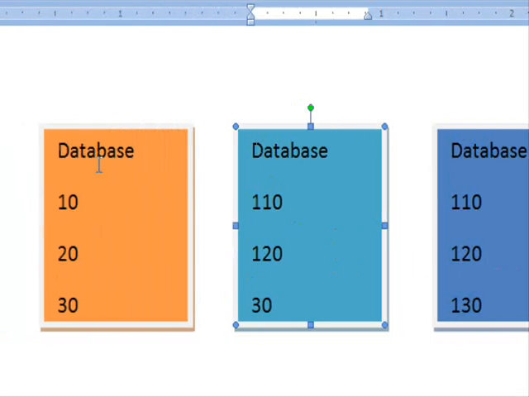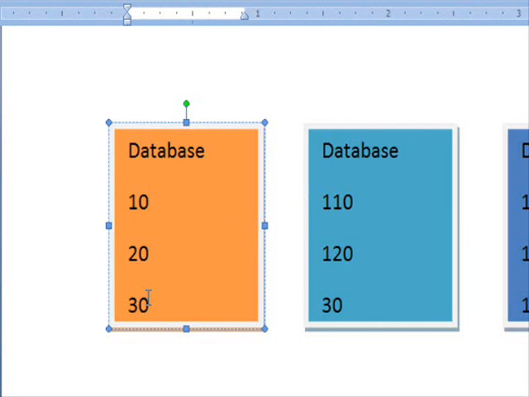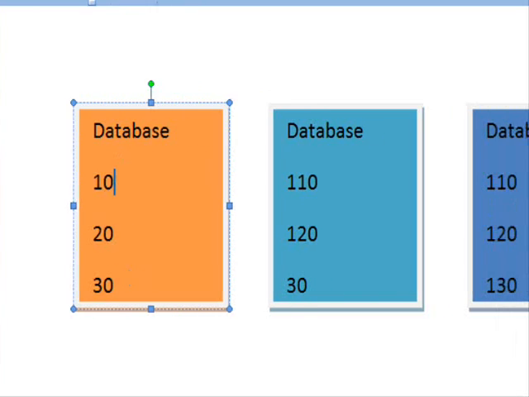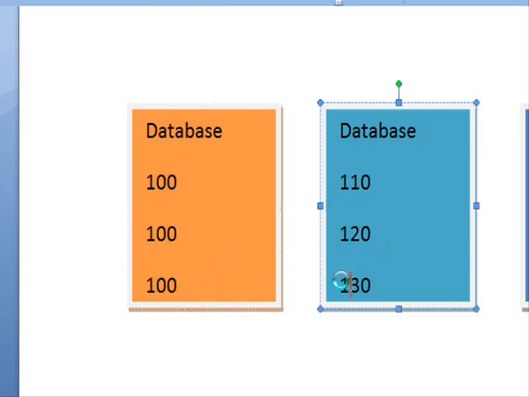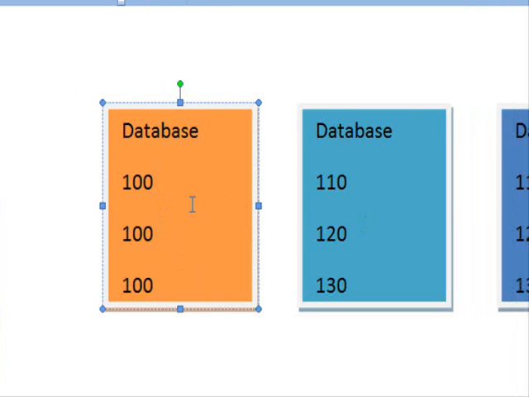Now let me explain this with a more practical example. Let's say these are salaries for some people, and you want to add 10 to the first person, 20 to the second person, and 30 to the third person.